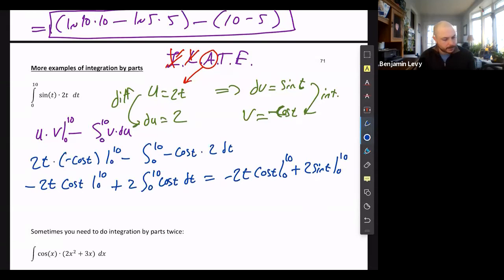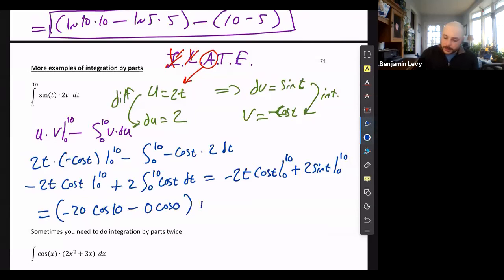Yeah. And we plug the points in. And it would look like this. -2, I'll do it. -20 cosine 10 minus 0 cosine 0, if you will.